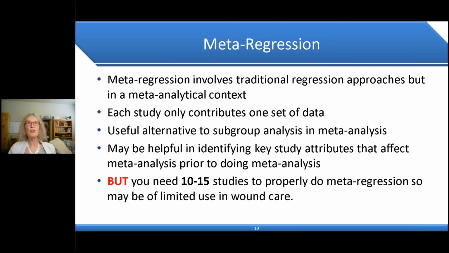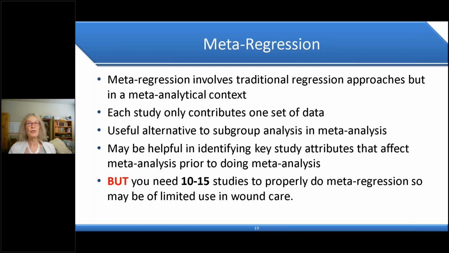What that means is each study only contributes one set of data. So you could think of it as maybe just outcomes, some study characteristics, size of study, what kind of wounds are in there, were there particular strange things, is it a long study, short study? So in other words, there's almost like 3 or 4 characteristics that you will include in that data set.